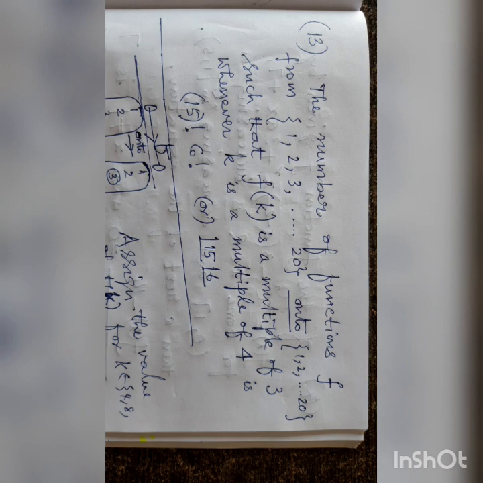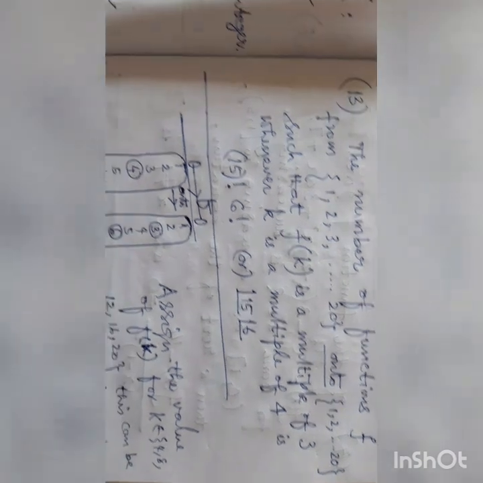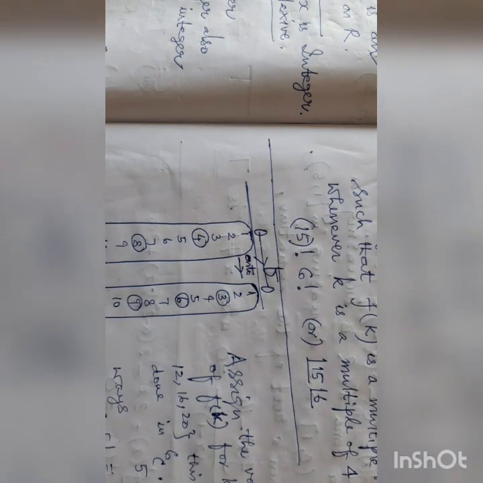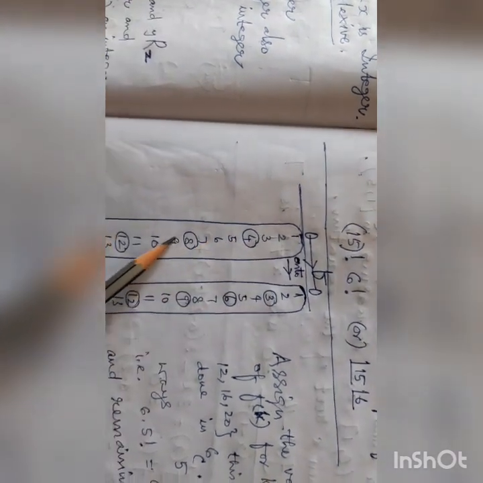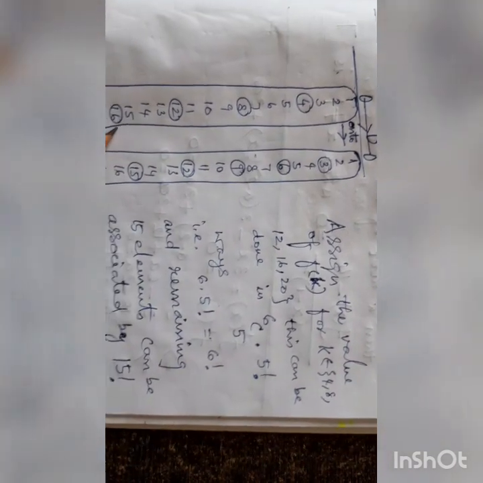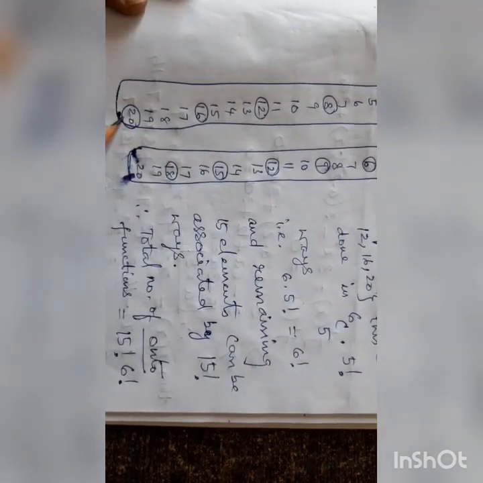The number of functions f from 1 to 20 onto 1 to 20 such that f of k is a multiple of 3 whenever k is a multiple of 4 is 15 factorial into 6 factorial. Please observe here, I have written 1 to 20.